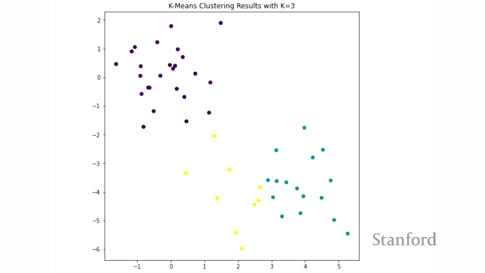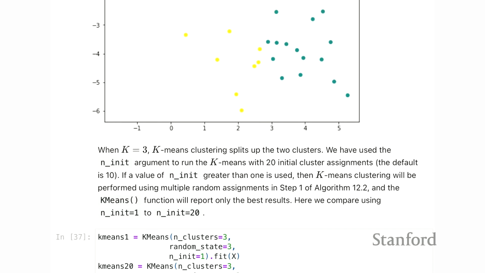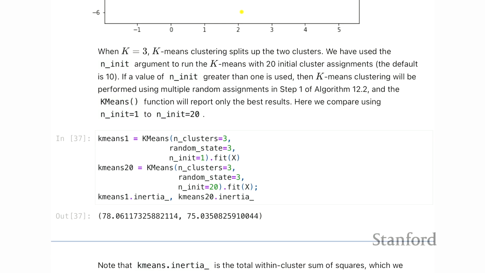However, every different initialization could result in a different solution, so we encourage you to run many, and that's what this n_init argument does. It runs 20 and takes the one that has the best within cluster sum of squares. So here we'll compare using 1 fit to 20 fits on our data. This data is pretty nicely separated, even with 3 clusters. It makes some difference. Using 20, we got roughly a 5% improvement in within cluster sum of squares.